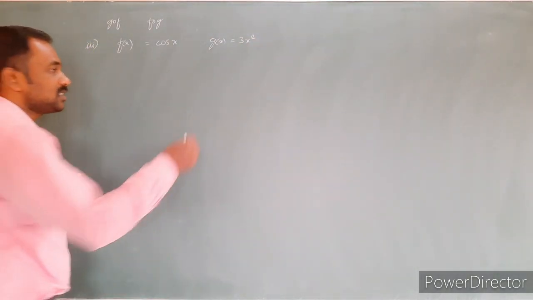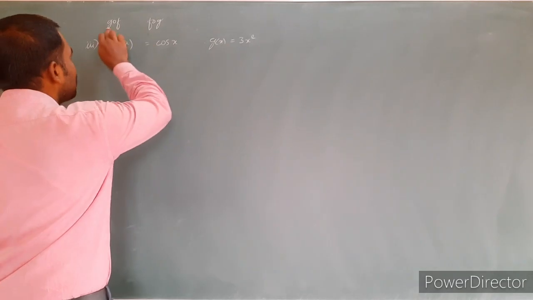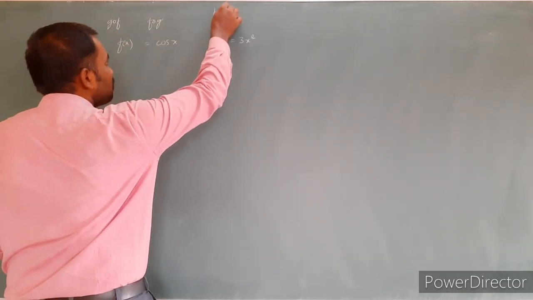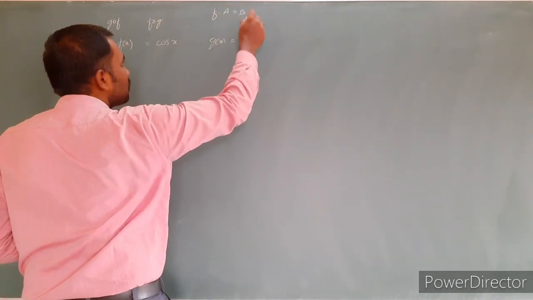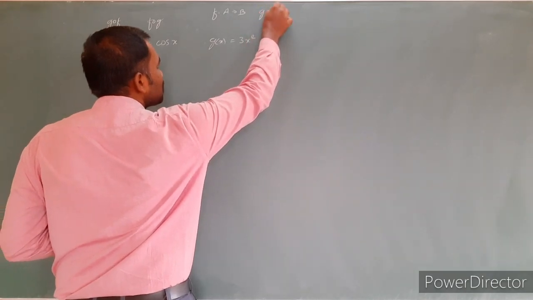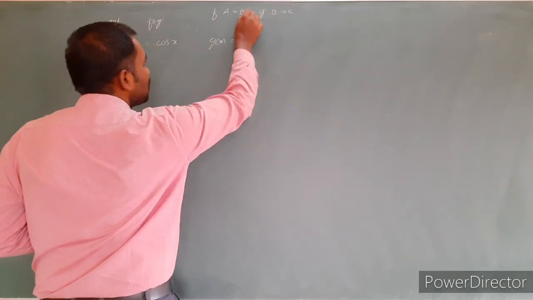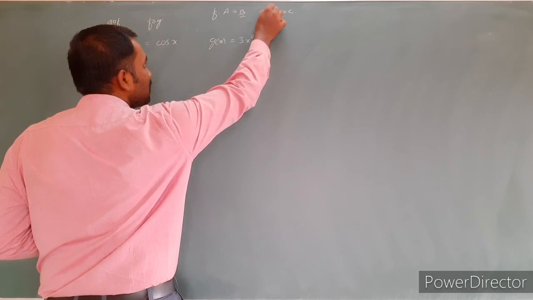To find f∘g and g∘f, provided that f is a function from A into B and g is a function from B into C, the codomain of f and the domain of g must be the same.